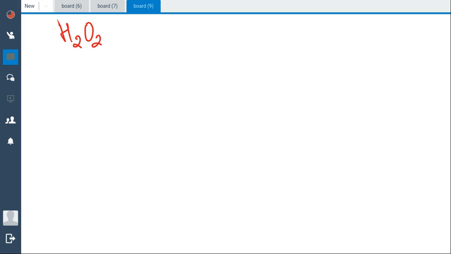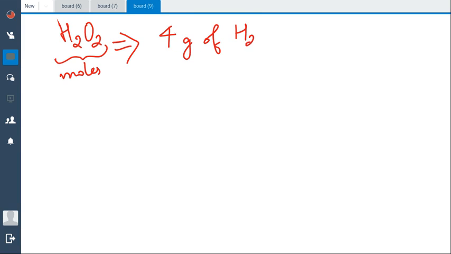Okay, we have to calculate the number of moles of H2O2 produced by the reaction of 4 gram of hydrogen.